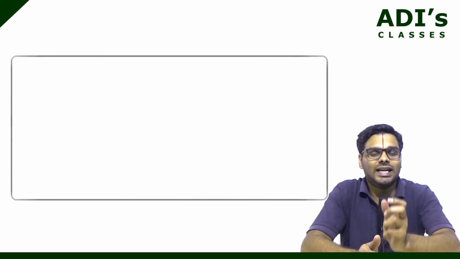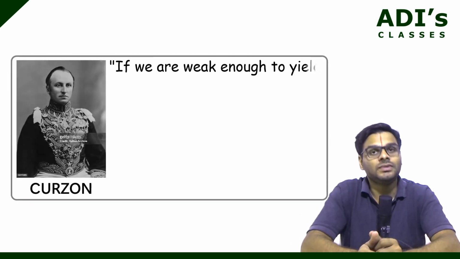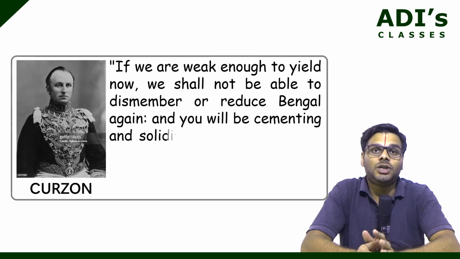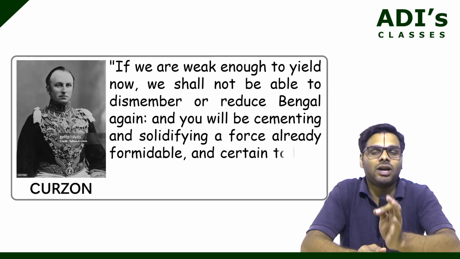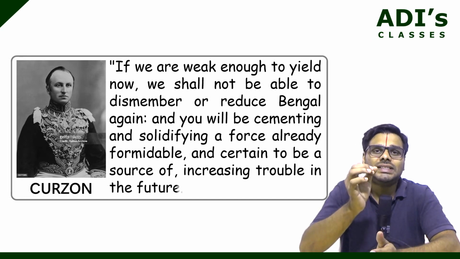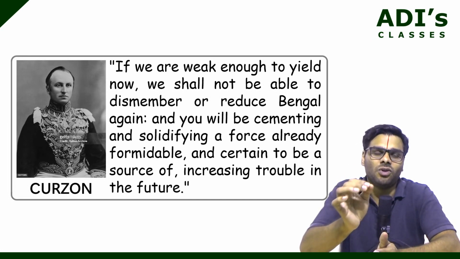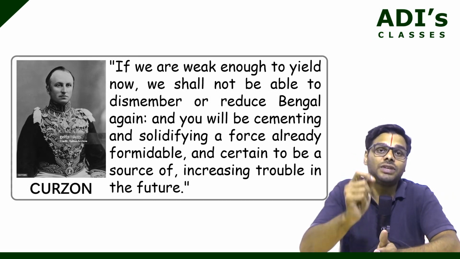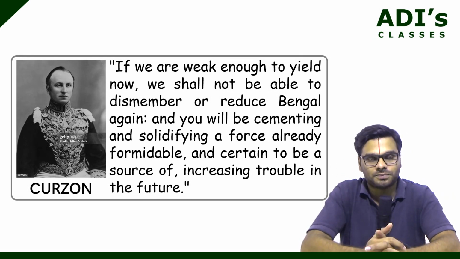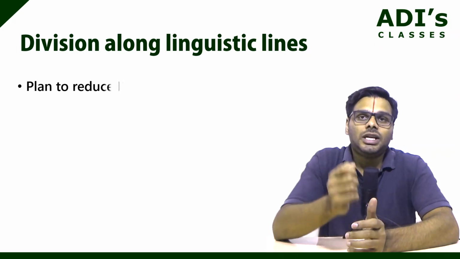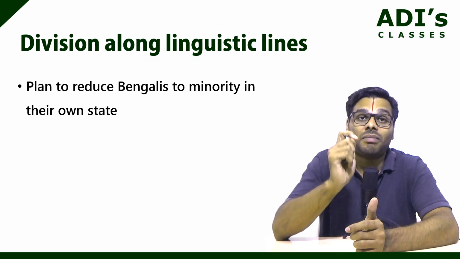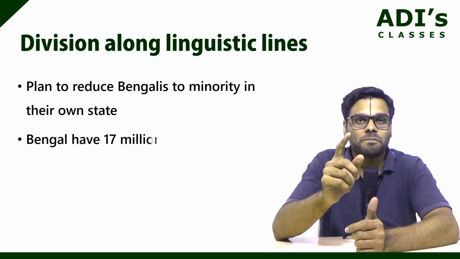Quoting Curzon in a letter to the Secretary of State, if we are weak enough to yield now, we shall not be able to dismember or reduce Bengal again. And you will be cementing and solidifying a force already formidable and certain to be a source of increasing trouble in the future. The partition was planned to be imposed in such a way so as to reduce the Bengalis to a minority in their own land.